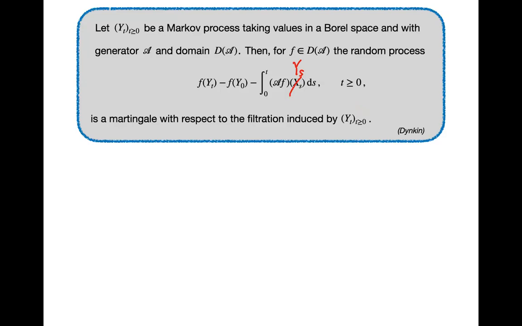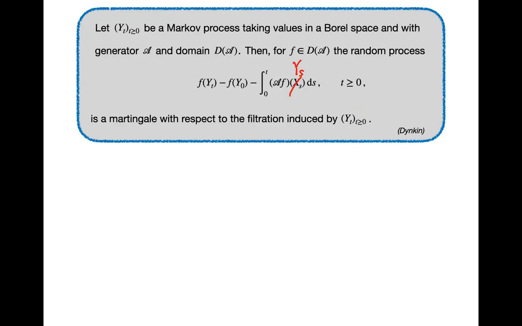And I would like to draw your attention to one technical detail that bothers us a lot, because our Markov process is taking values in the space of tessellations. And this space of tessellations has very bad topological properties. For example, it is not known whether this space is a Polish space even.